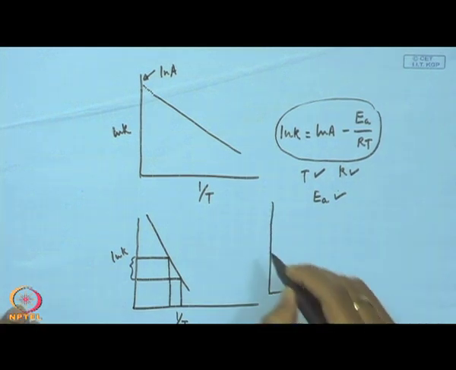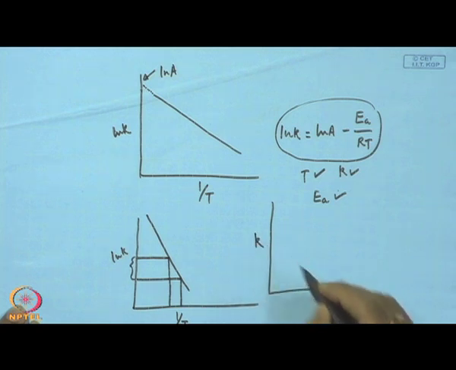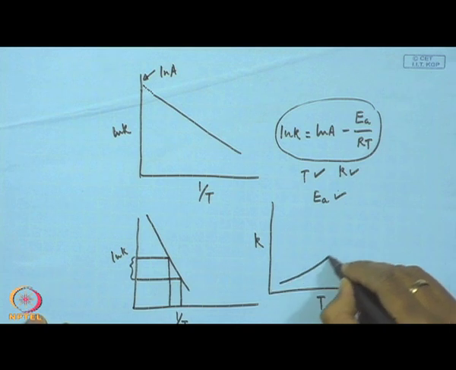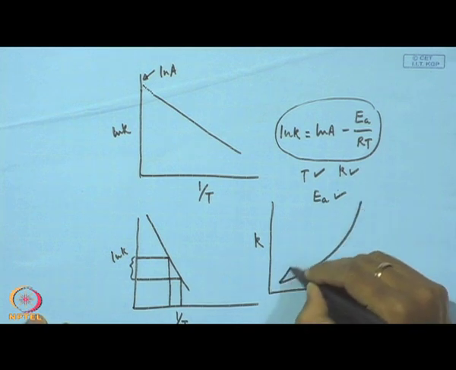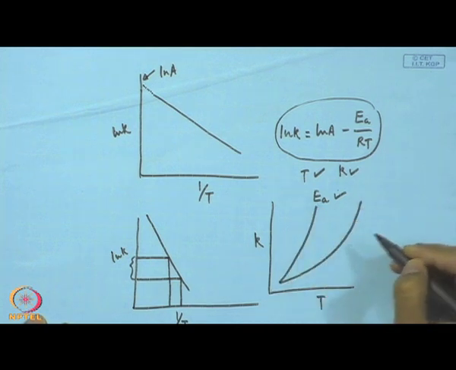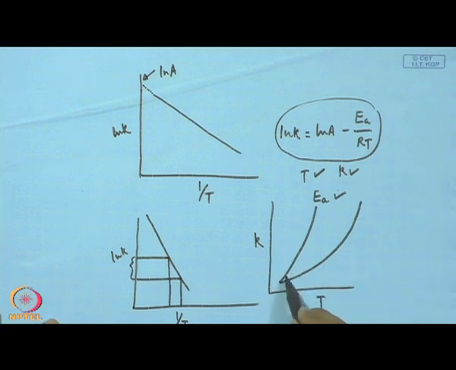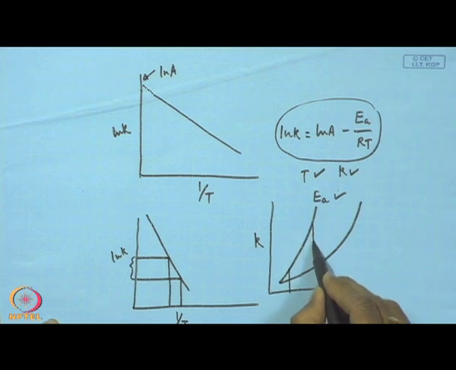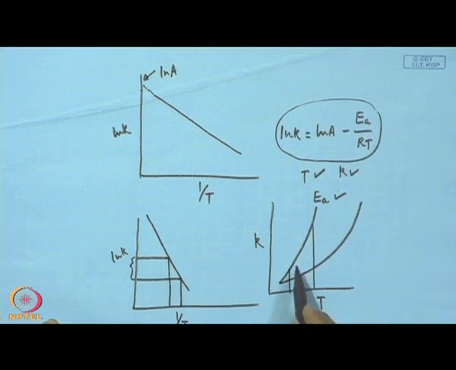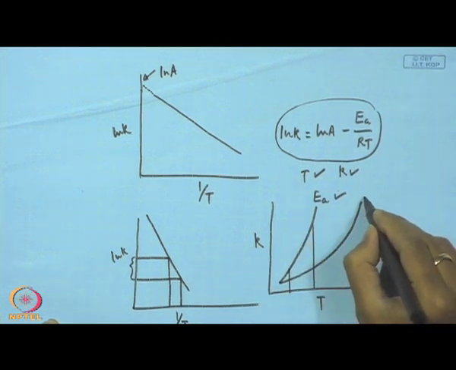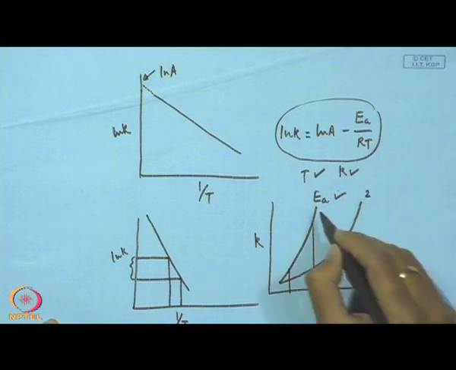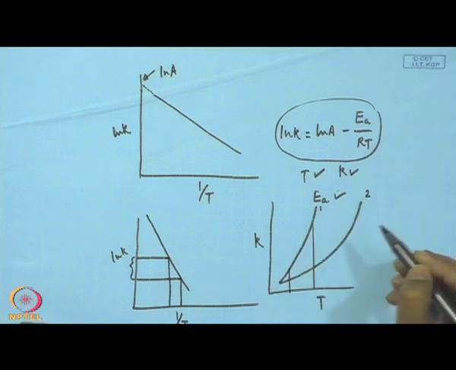Or maybe you can have a direct plot, not ln k. If you have just k versus T plot, then maybe in one case the plot is like this, in the other case maybe the plot is like this. So, you see if you have a change of temperature, say from this value to this value, for the second one, say this is graph number 2 and this is graph number 1. Okay.